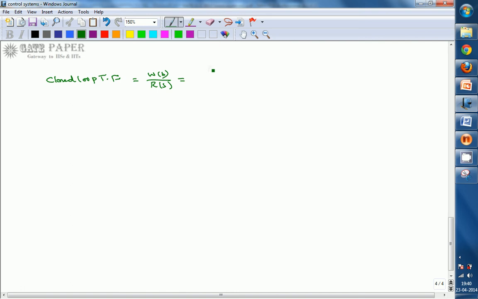Here we have the open loop transfer function Ka into 10 divided by 1 plus 10S.